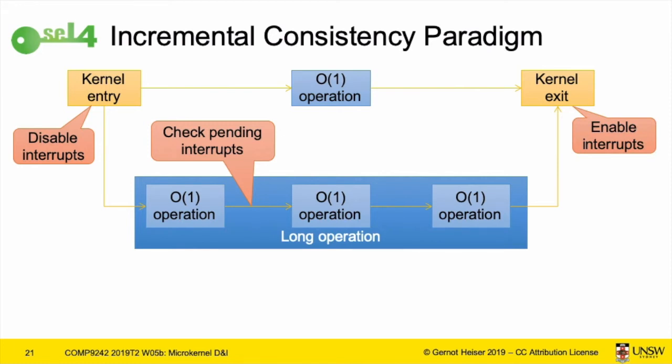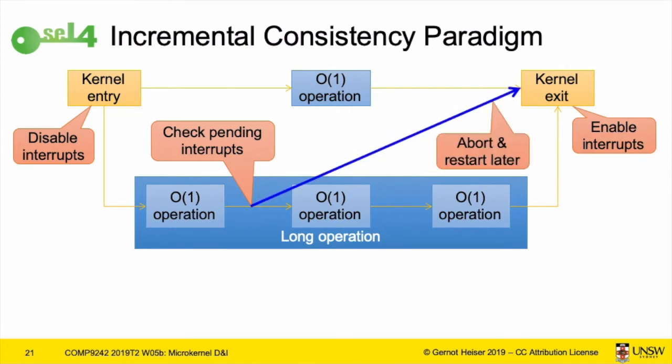If an interrupt is pending, we don't let it happen, but we exit the kernel and restart the operation, basically exiting by returning to the same instruction. So it would just re-trigger the kernel entry again, but by doing the exit the interrupt gets enabled, so now the interrupt happens, and the kernel gets entered again, but from fresh. It's not a recursive or nested exception, and then the operation gets restarted.